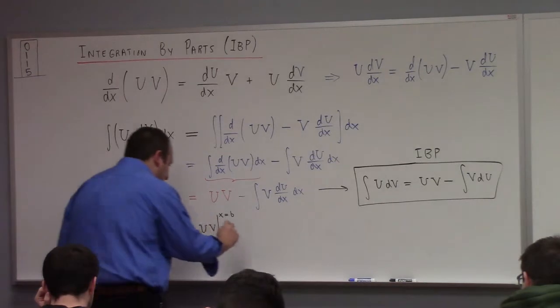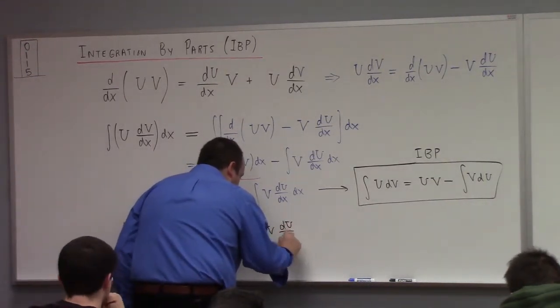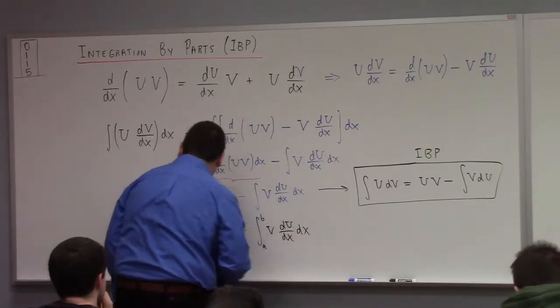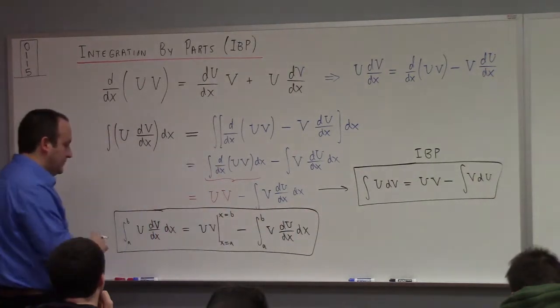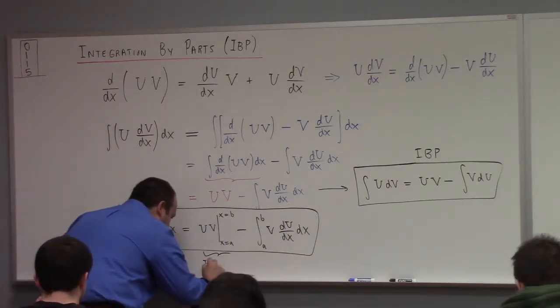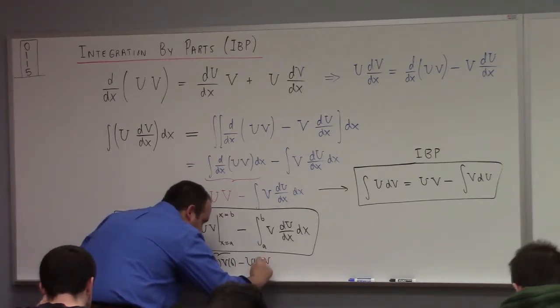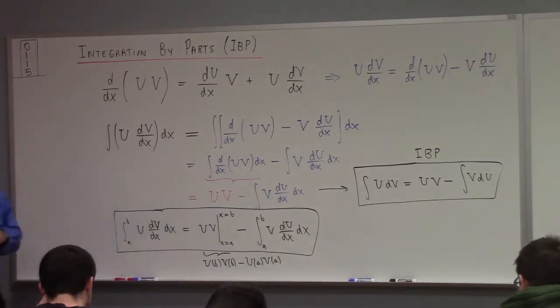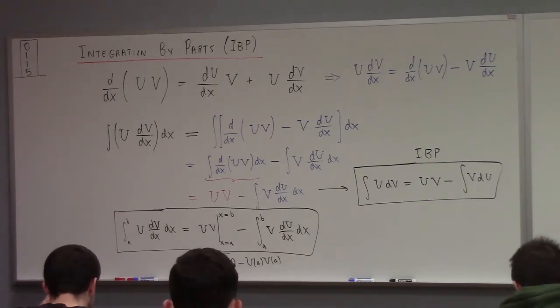And then we subtract the integral from a to b of v du dx dx. So this is the integration by parts for definite integrals, where u of b, v of b minus u of a, v of a is, as usual, the evaluation of the difference of the upper and the lower. So this is the general result. It's called integration by parts, and now we're going to apply it to solve some integrals.